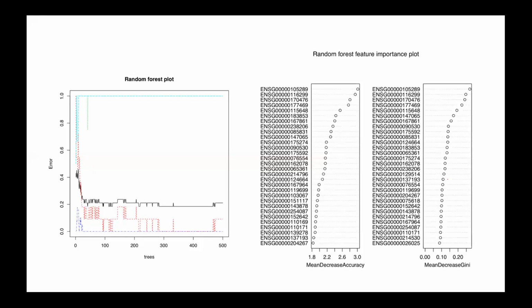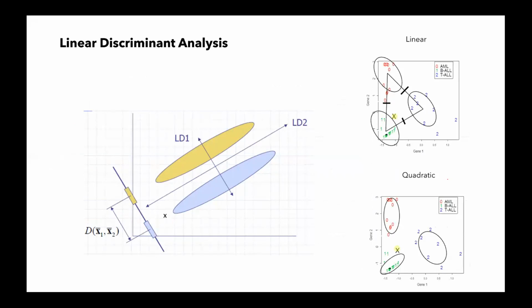Okay, so next we go into linear discriminant analysis. In discriminant analysis, or LDA, the idea is that we want to define how to discriminate between several types of samples. This is what we are trying to do here, right?